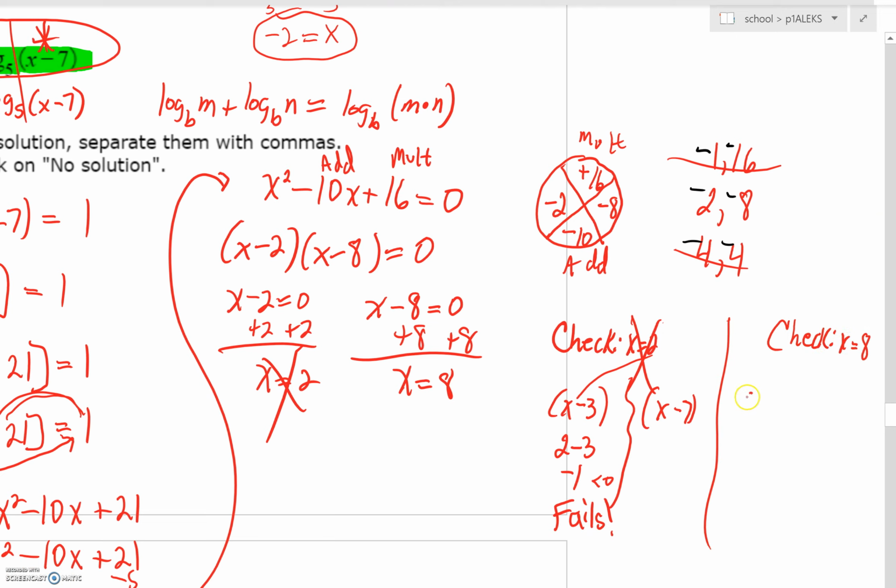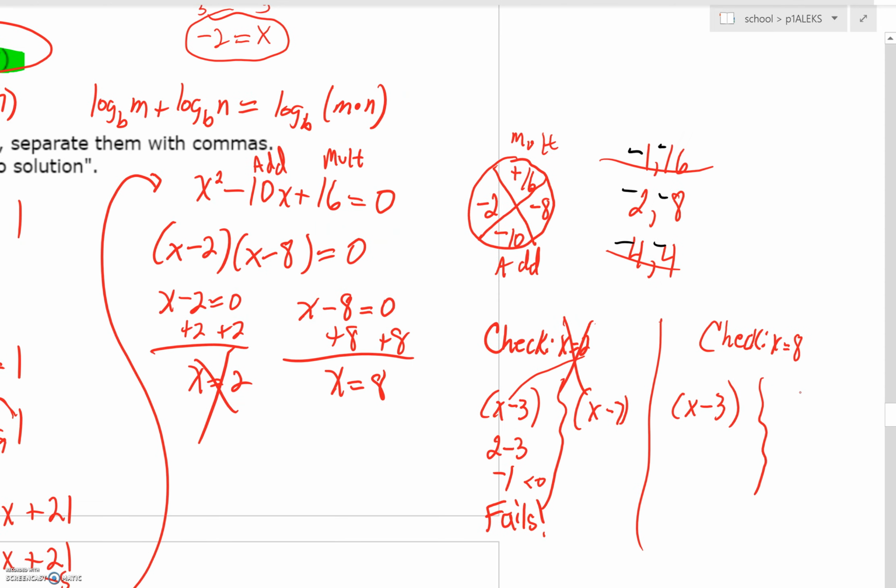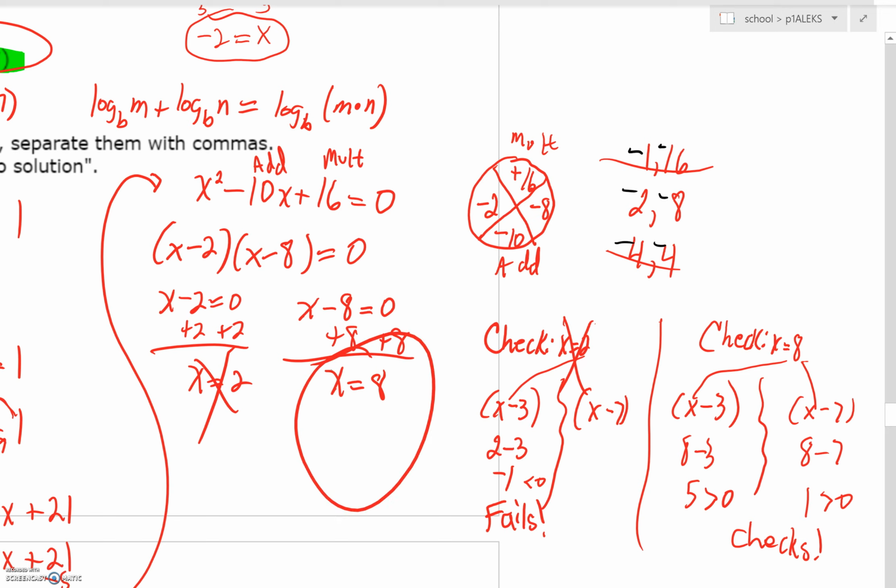We're going to have to check the inside of x minus 3. We're going to have to check the inside of x minus 7. And when we do that, we'd have 8 minus 3, which is 5. Hey, that's a positive number. 8 minus 7 is 1. That's also positive. This is good. So we only have one answer, and that is x equals 8.